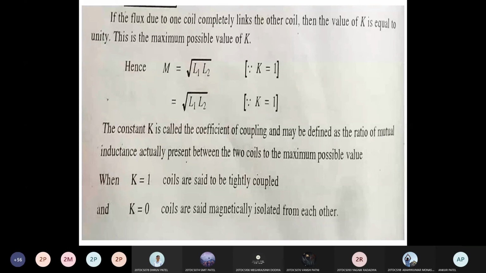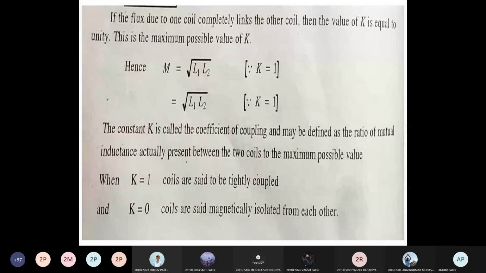So this coefficient of coupling k indicates how much these two coils are coupled, or how much flux linkage there is between coil 1 and 2. That lies between 0 to 1. So 1 means tightly coupled, 0 means isolated.